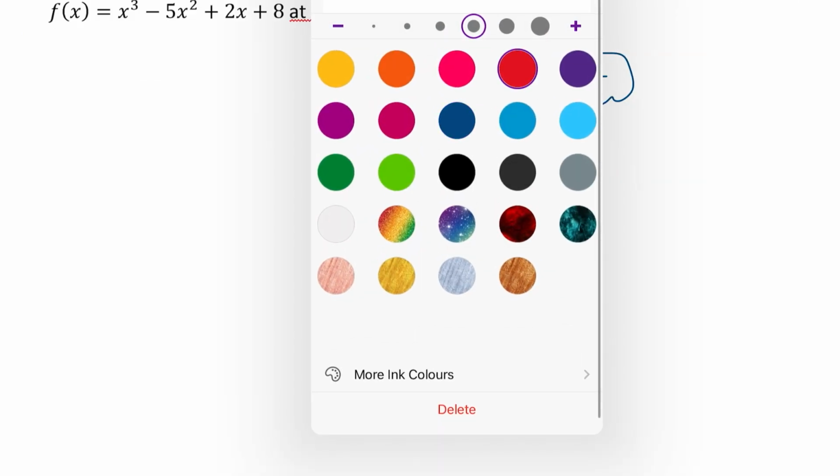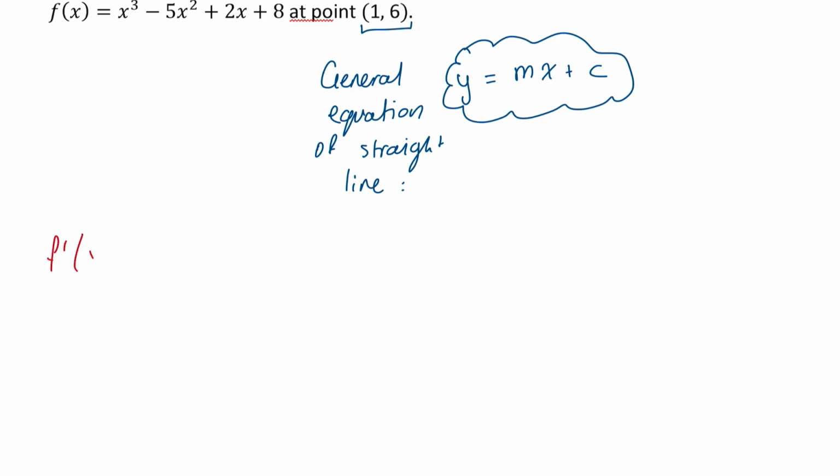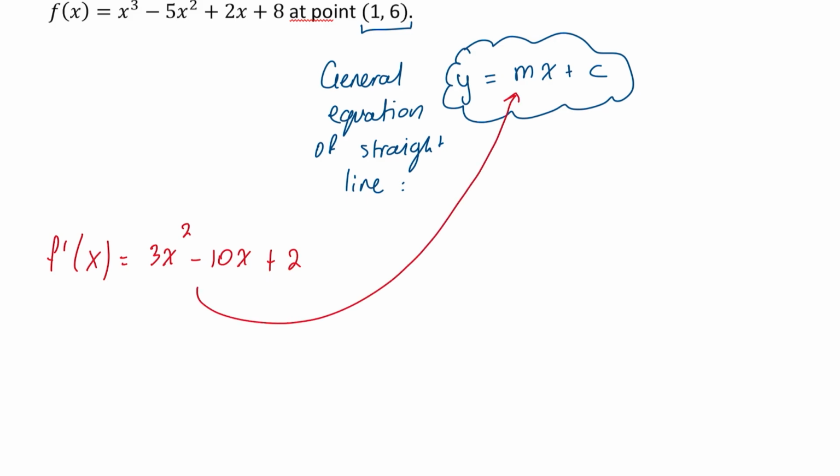So that will be f prime of x is equal to 3x squared minus 10x plus 2. And this is the m. This is the gradient of our tangent at any point x. But since we know that we want that tangent to go through the point x is equal to 1, we're going to sub in the value of 1 for x.